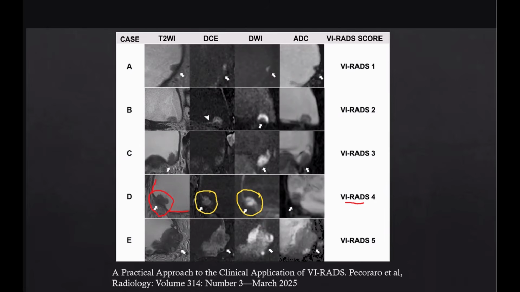VI-RADS 5, here the mass is going outside into the perivesical space, so this mass is invading the serosa and bypassing the serosa into the perivesical fat. So this one for sure invades the muscular layer. So those are the scores to determine the muscular invasion of the mass.